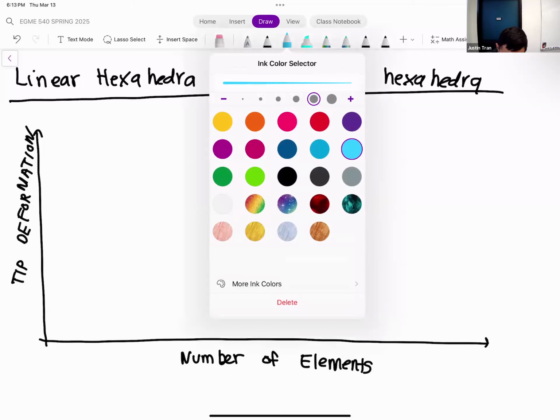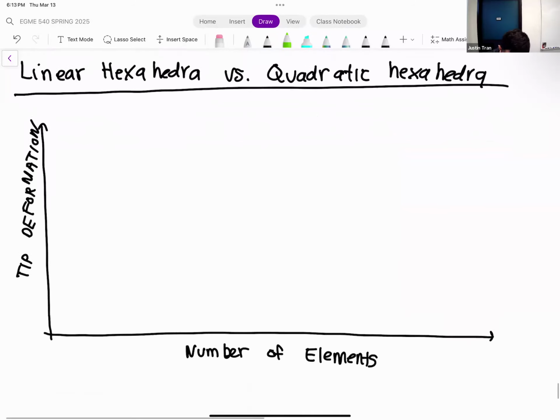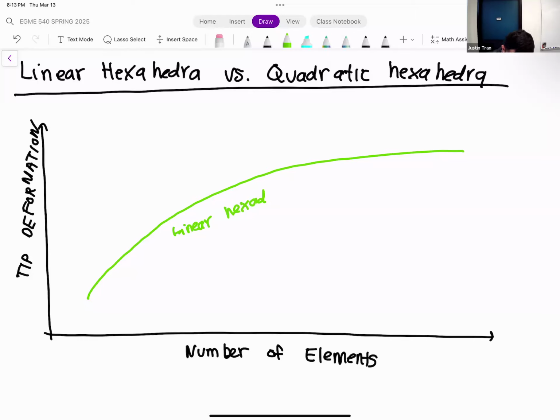So let's start with the linear hexahedra. And of course, the thing that we need to quantify here is the starting point.